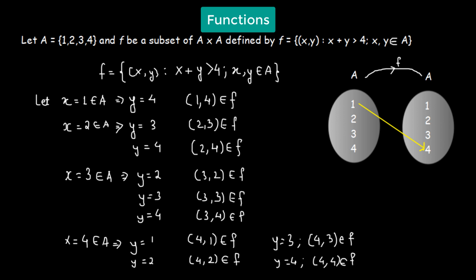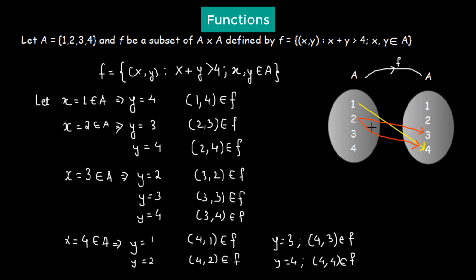So we can complete this graphical representation. We have 2 mapped to 3 and 4. So we'll draw an arrow going from the first set A to the second set A, and map the corresponding elements. So 2 goes to 2, 2 goes to 3, and 2 goes to 4.